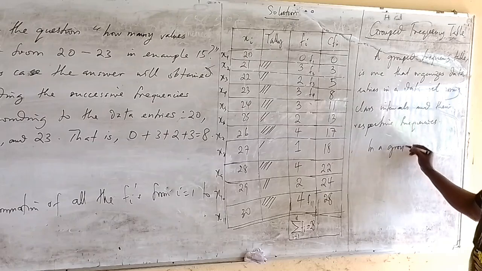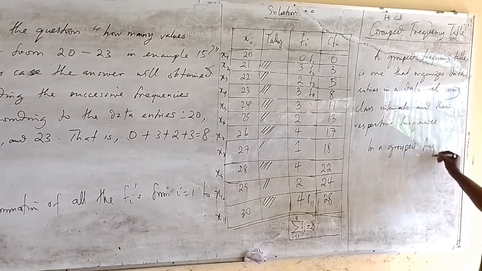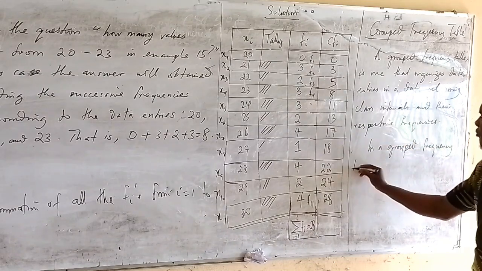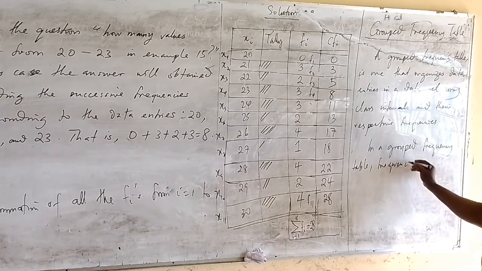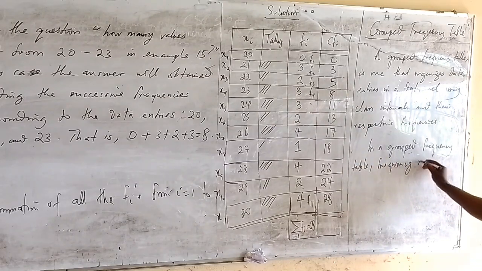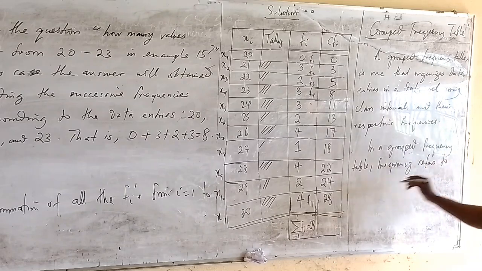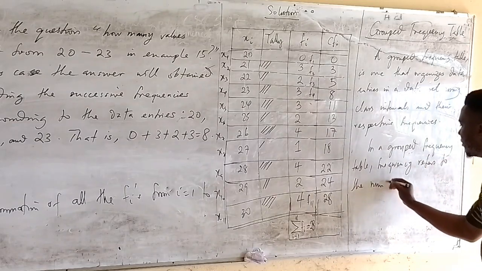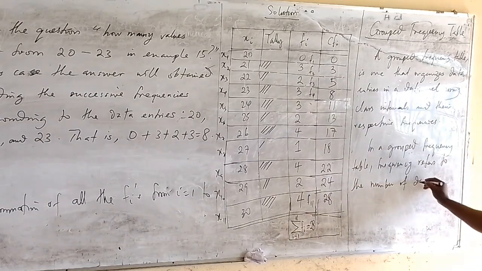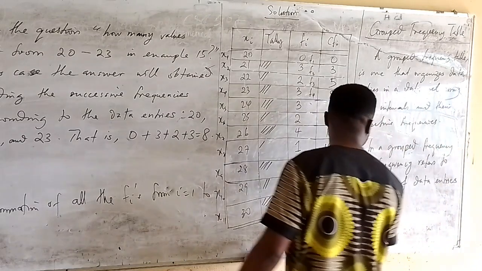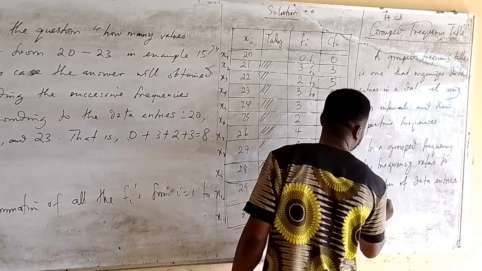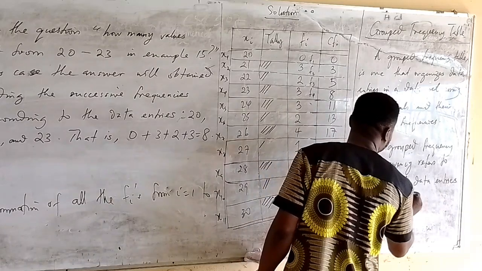a group frequency table, frequency refers to the number of data entries found in an interval.